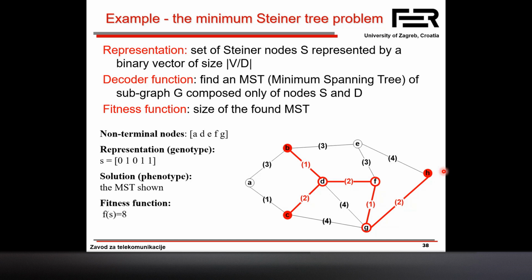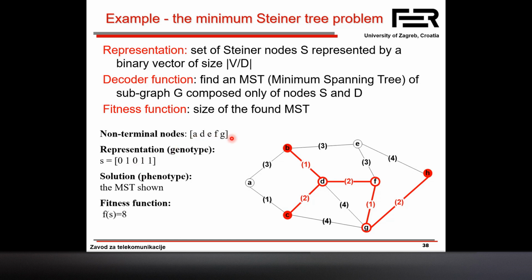So what I need to do is decide about all the remaining nodes, A, E, D, F, and G, which ones I'm going to include in this subgraph, and find this subgraph that is of a minimum weight. One way to represent the solution to this problem is as a vector of non-terminal nodes.